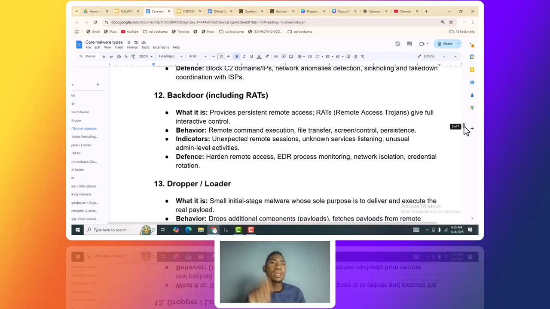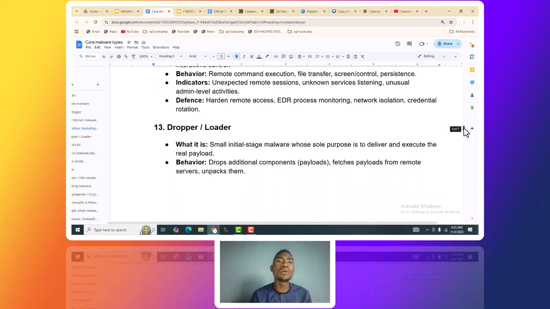One of the ways we can harden ourselves against a backdoor is by hardening remote access, using EDR, endpoint detection and response, process monitoring, and even network isolation and credential rotation. These are some of the ways we can help against backdoors.